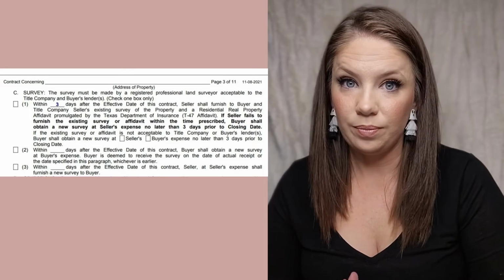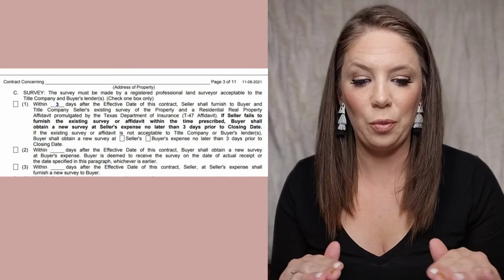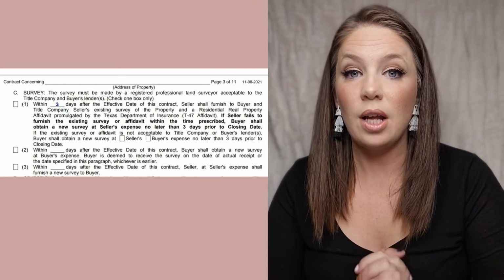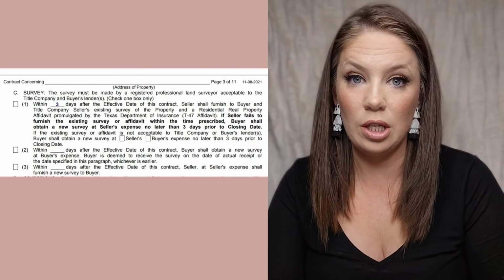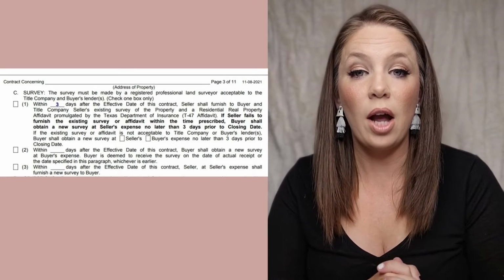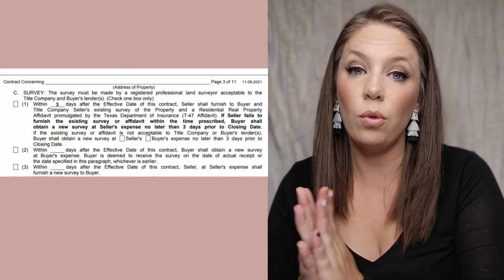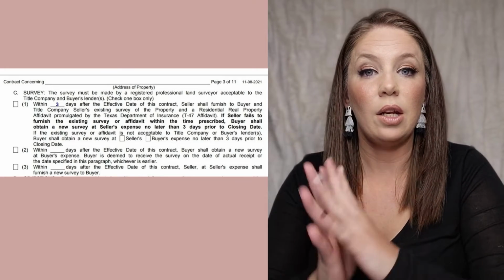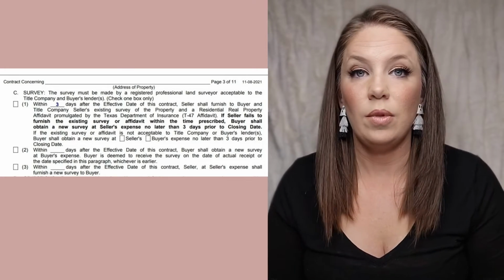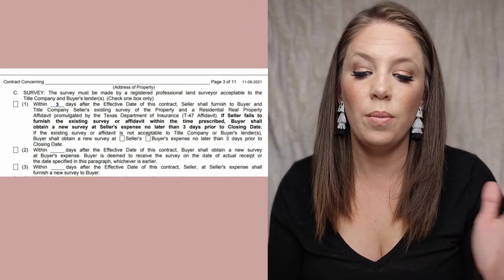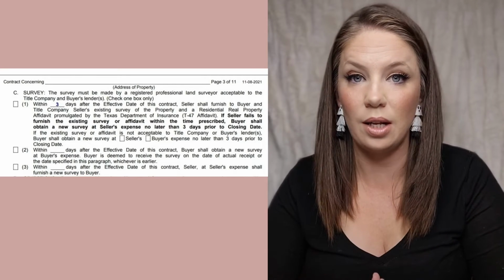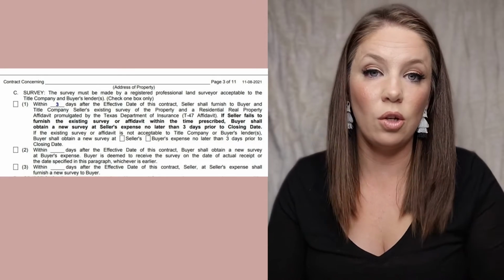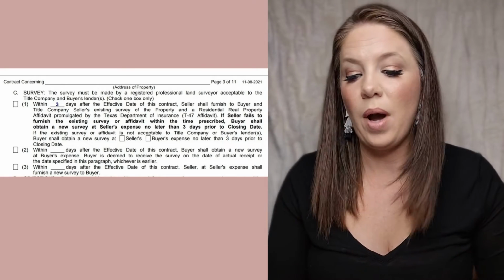So again, slow it down a little bit. 6C1 says if the seller does not have the survey or T47, the buyer will order it, but it will be at the seller's expense. And then let's say in another scenario, the survey is ordered, but the lender or title does not accept it for whatever reason that might be, then that's when it's negotiable, the buyer or the seller.